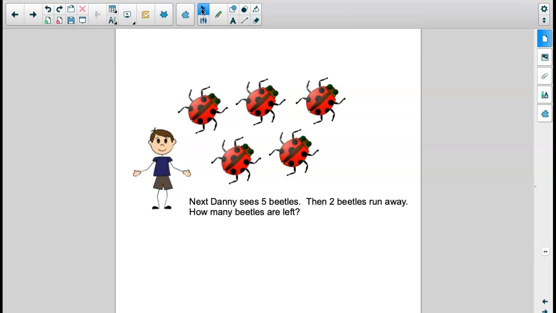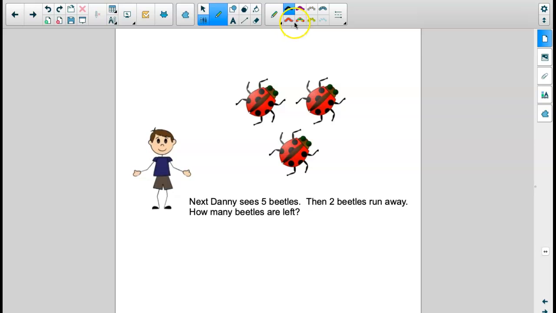Next, Danny sees 5 beetles. Now, since this is a subtraction problem, we know that some of the beetles are going to go away. Then 2 of the beetles run away. Boy, those guys are fast. How many beetles are left? 1, 2, 3.